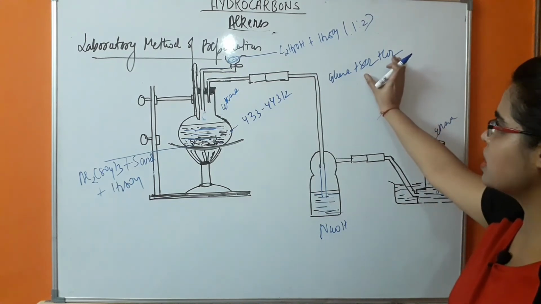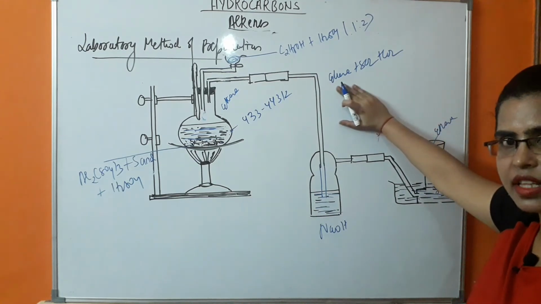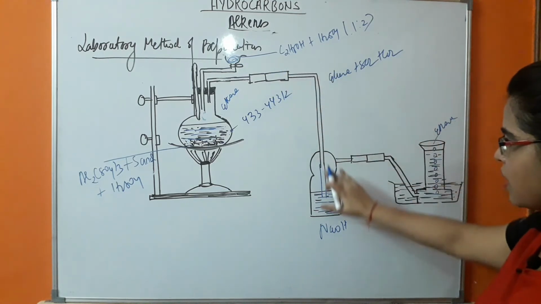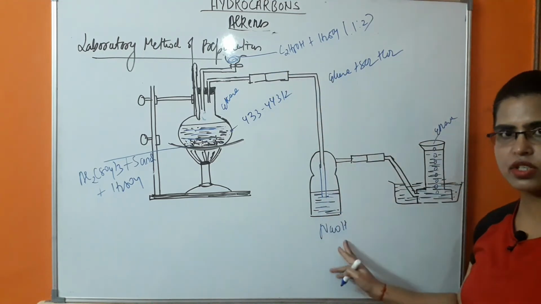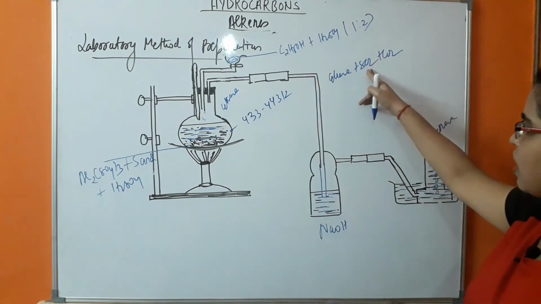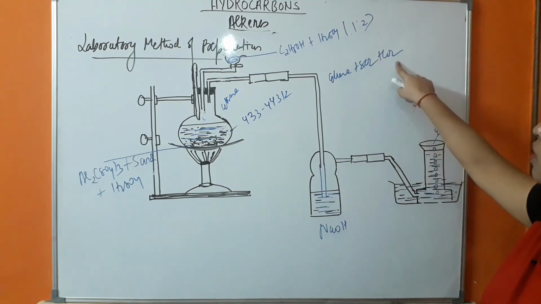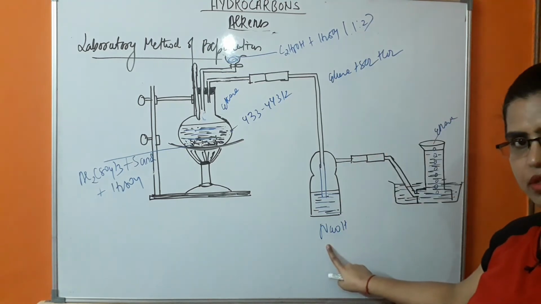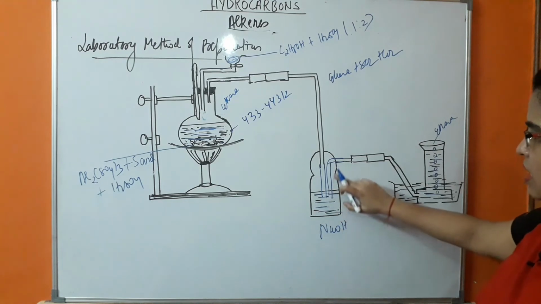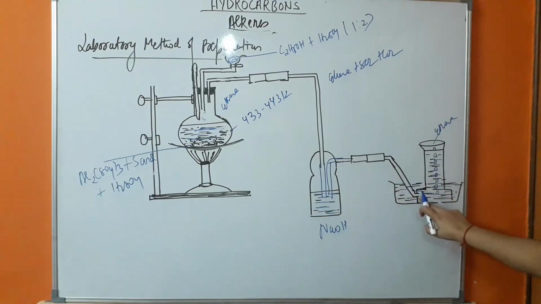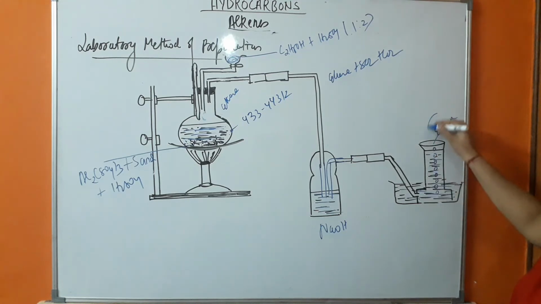So the mixture of these gases is also present with ethene. So this gas will be passed through this solution, that is caustic soda, NaOH. So the reaction of SO2 and CO2 with NaOH will take place. This pure insoluble ethene will pass through this passing tube, and with the help of underwater displacement we will get ethene as a pure compound.